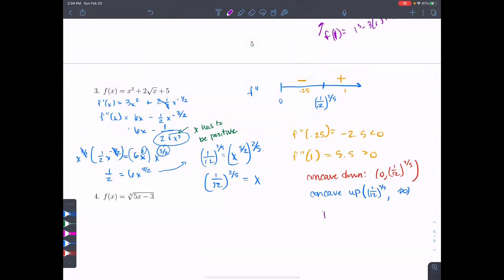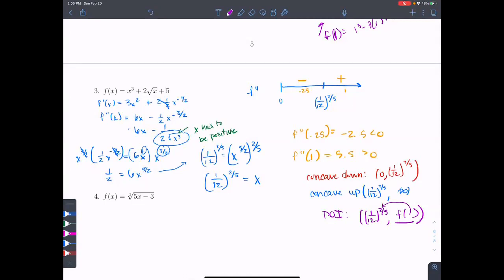And we have a POI at 1/12 to the 2/5, and then whatever that F value is there. Which I did not figure out, so we'll just write F of that. Use a calculator and figure that out.